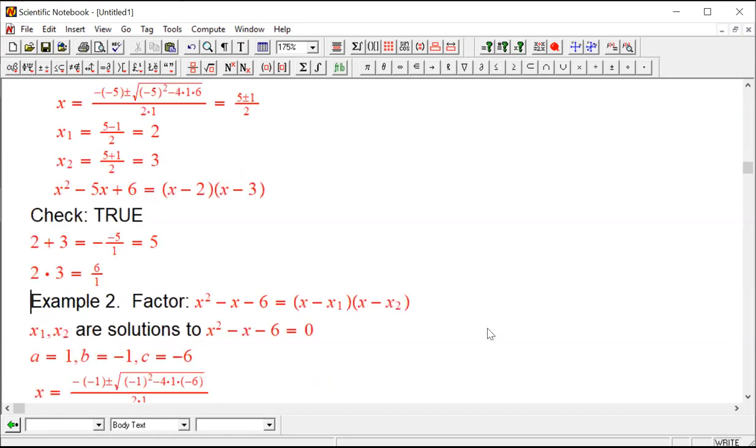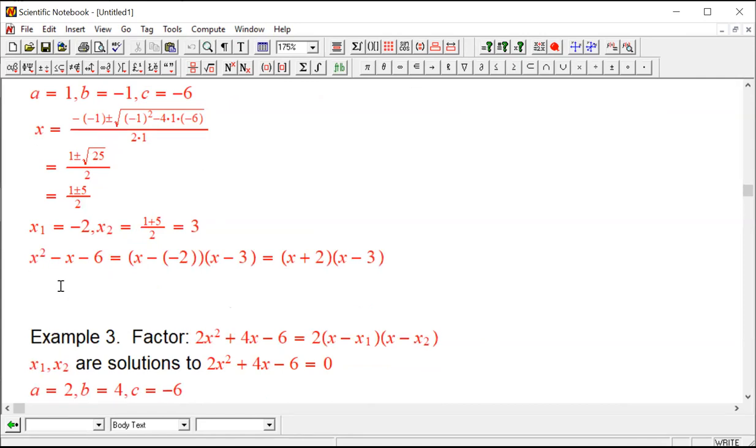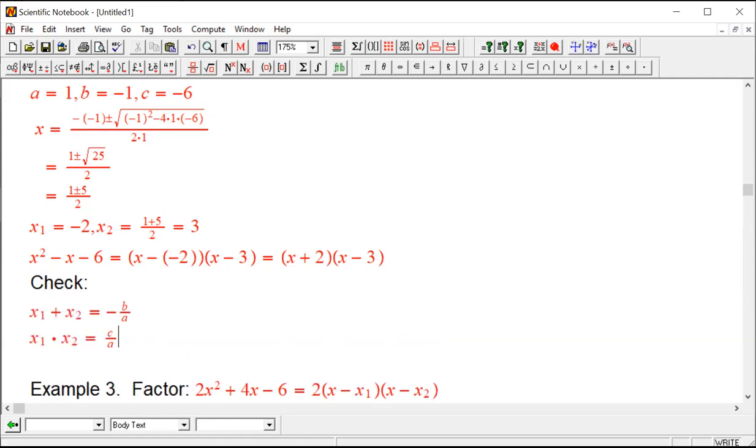So let's look at the second example. So x1 plus x2, so negative 2 plus 3 equals negative b over a. B is negative 1.